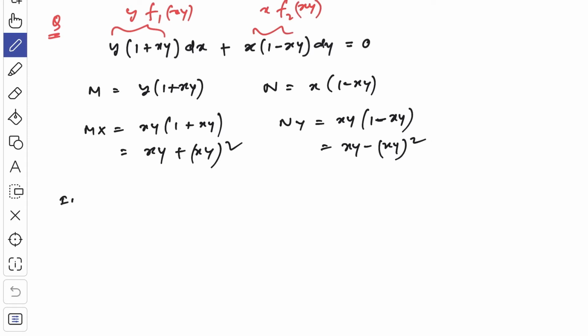So our integrating factor in this case will be 1 by (Mx minus Ny), isn't it?